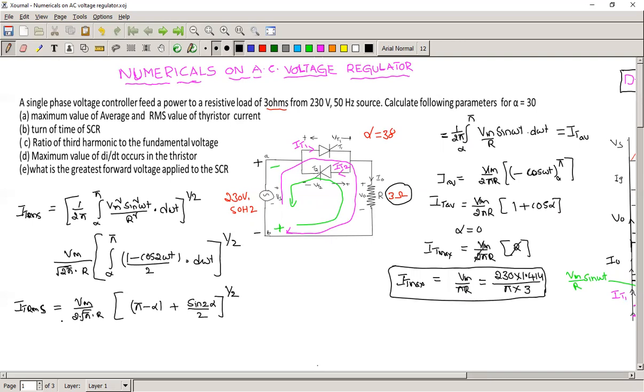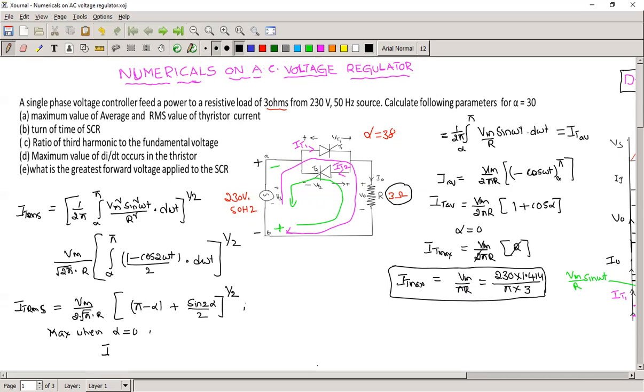So to find the maximum value, again you substitute alpha equal to 0. This is maximum when alpha equal to 0. If you substitute alpha equal to 0, how much are you getting? This quantity becomes 0. This is root pi, so this root pi gets cancelled.